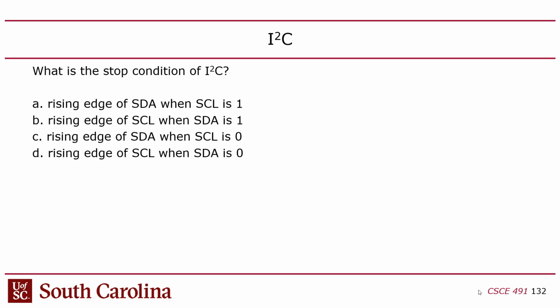You would still pull the data down. Whoever's initiating the stop, which is the master, would still pull the data down in order to prepare for sending the stop bit. Right? Okay.